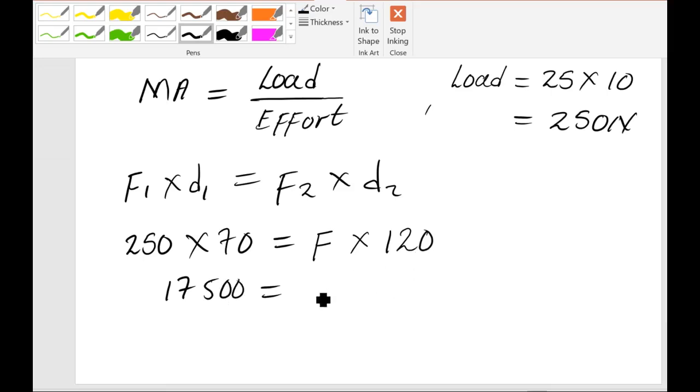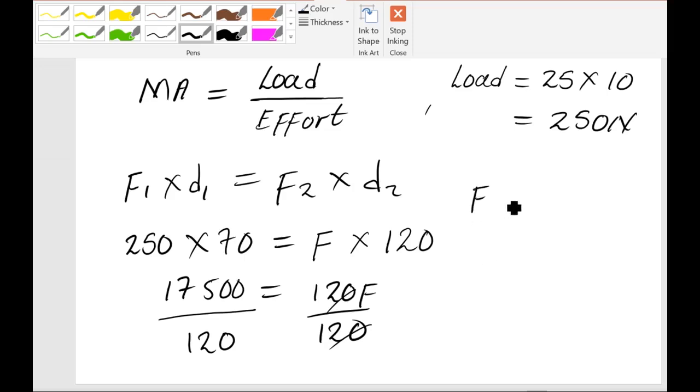This is going to give us 120 F. Then we divide by 120. We divide this side also by 120. And the value of the force that was used is going to be 1750 divided by 12.